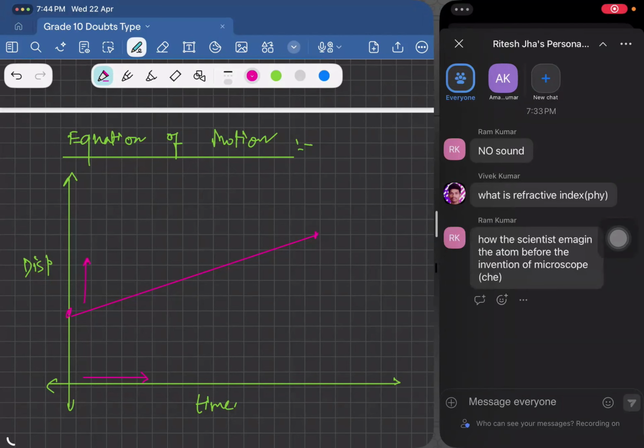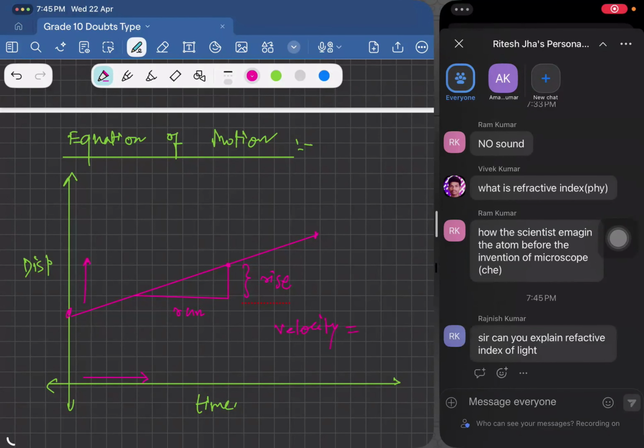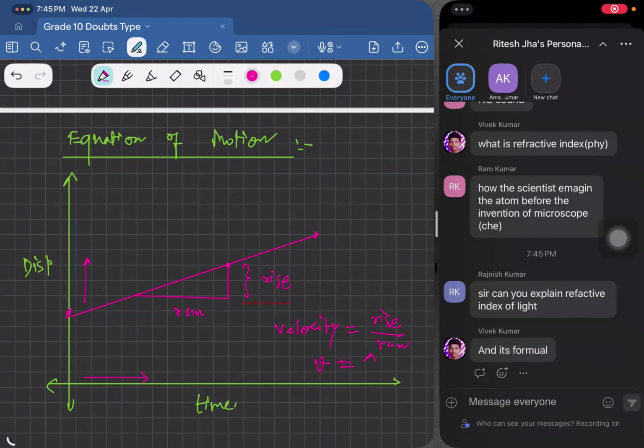When I have to explain it with the graphs, we basically calculate how much it has risen over how much it has run. This is the rise over run, and that gives you the velocity. So velocity is rise over run, that is, v = Δx/Δt.